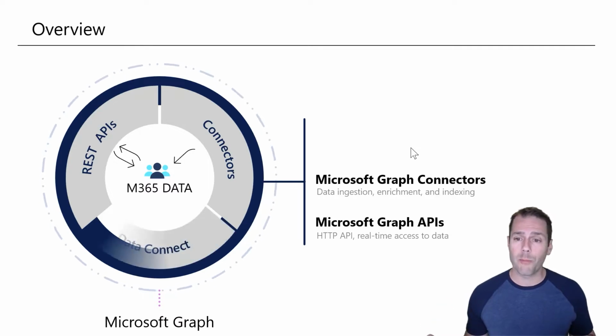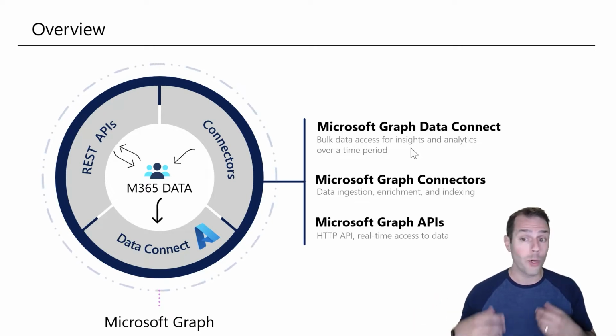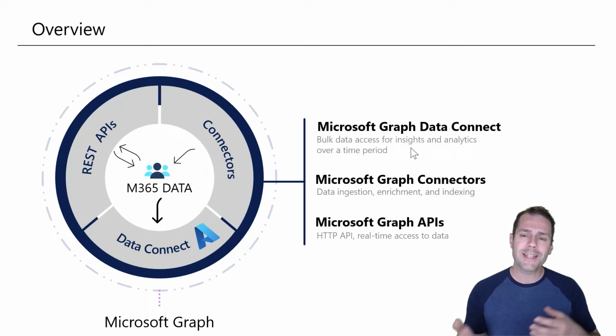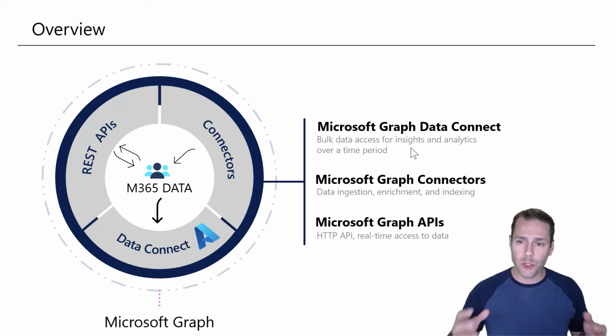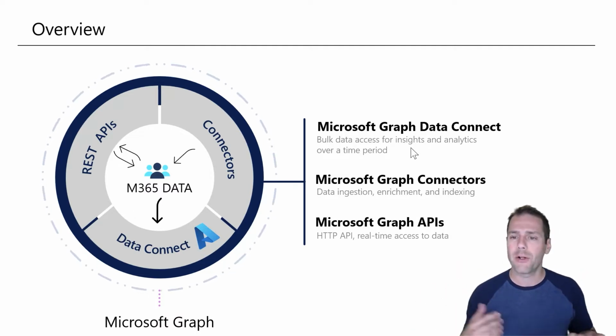And then the third component is Microsoft Graph Data Connect, which allows you to extract your Microsoft 365 data in bulk without being subject to throttling inside of Azure, so that you can use it to create new custom insights to answer questions you have about your data.